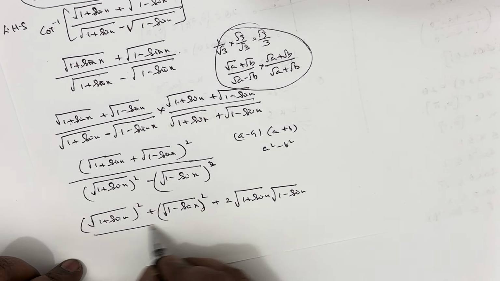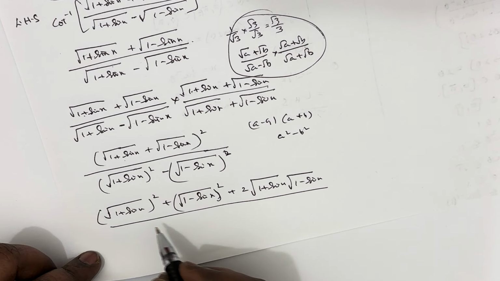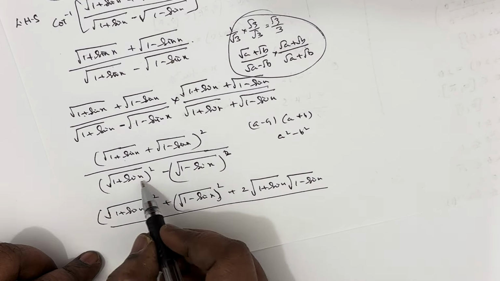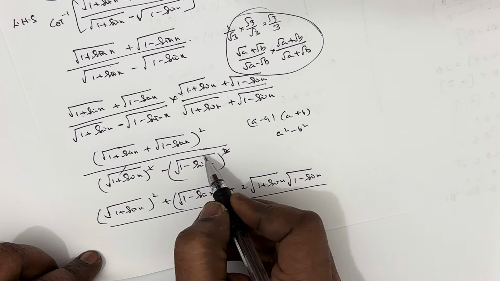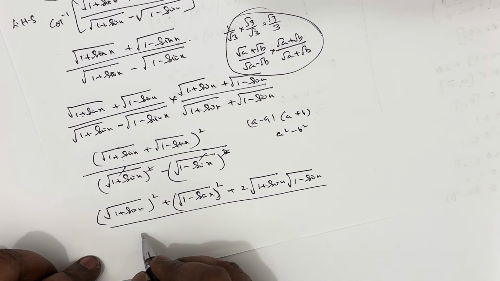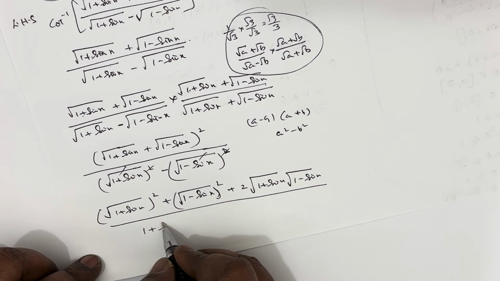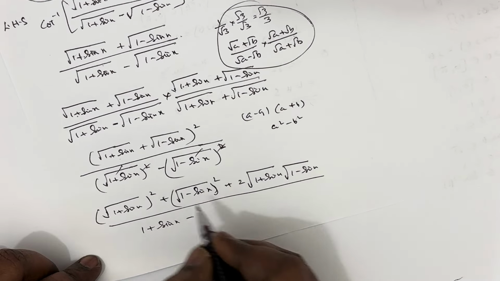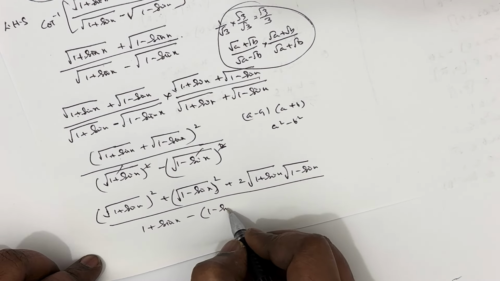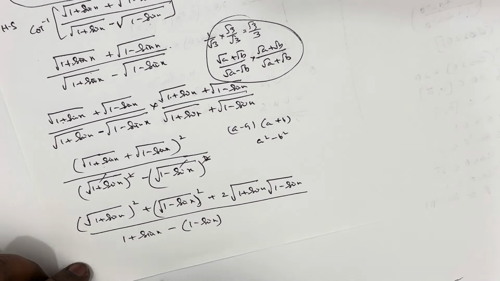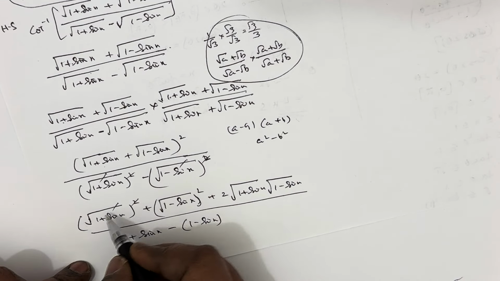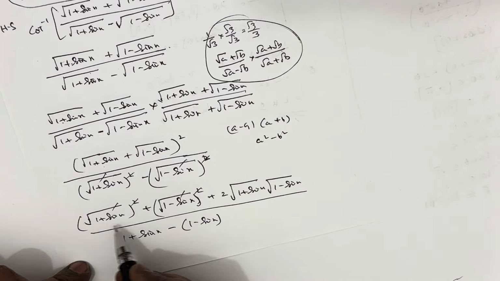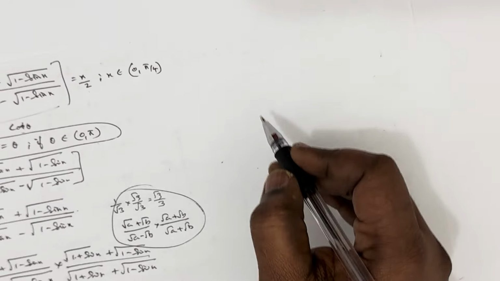Here the square and the root get cancelled out, and here also the square and the root get cancelled out, so you get 1 plus sin x minus 1 minus sin x. So you have remaining this.